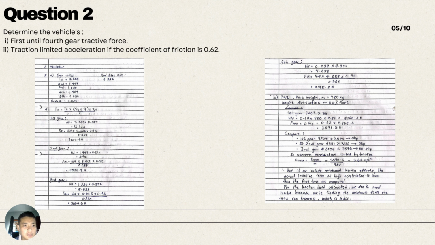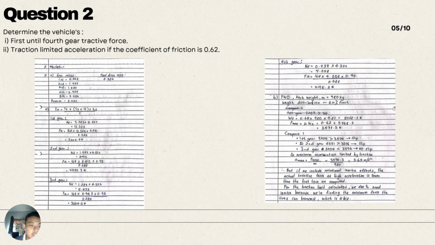For the first gear, after we calculate using the formula, we got the answer 7,207.4 Newton. For the second gear, it is 4,855.7 Newton.